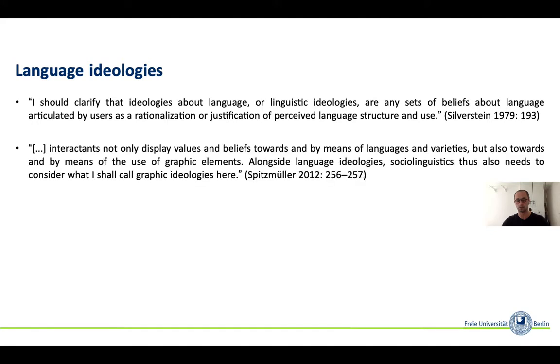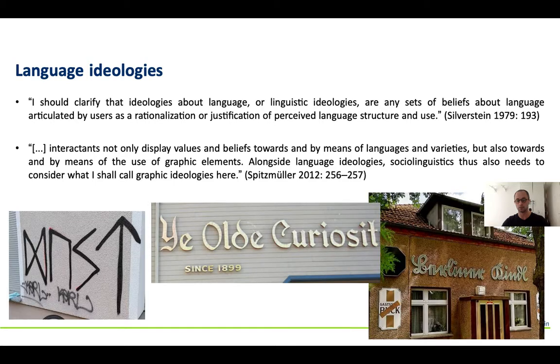And when we talk about linguistic landscapes, it's not only beliefs about spoken languages, but here predominantly also about written languages and about graphic elements, right? And if we now have a look at this, on the left-hand side, we see runic symbols used.